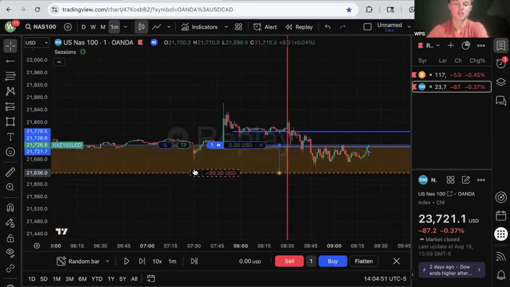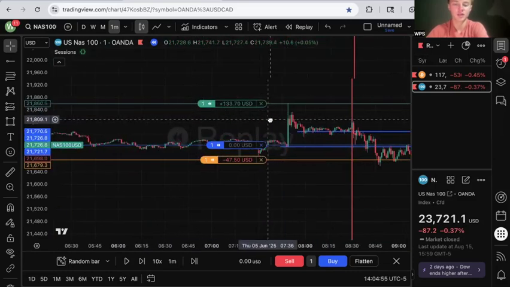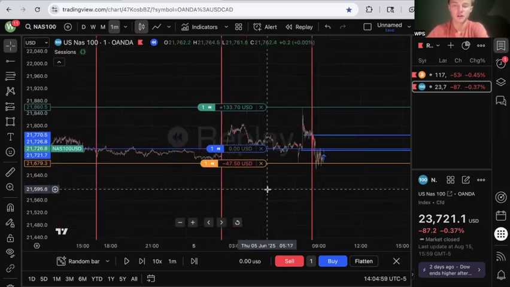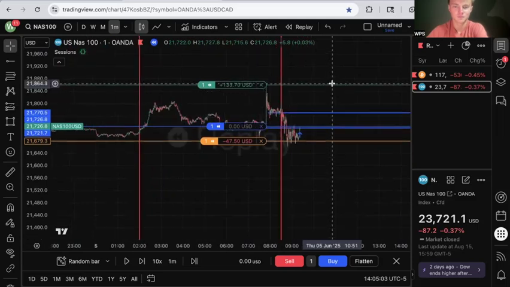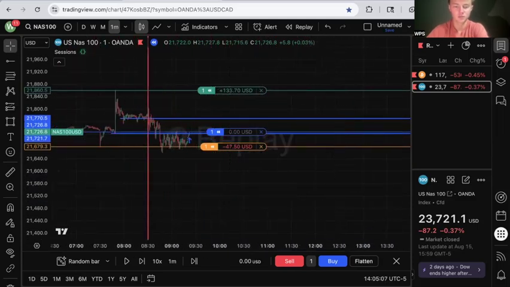So I'm gonna long, stop loss below here, take profit up at this little cash grab right here for about a 3-to-1 RR. Don't really have massive hopes for this, because the RR on this trade is pretty risky, but see what happens. And I want to see what happens after the trade as well.